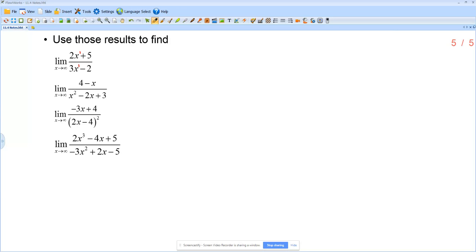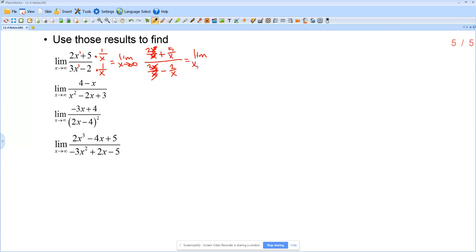We pretty much just have one strategy with these limits to infinity, and that is to multiply the entire numerator and denominator by 1 over whatever your highest degree is. So 1 over x and 1 over x. So this will become the limit as x approaches infinity of 2x over x plus 5 over x, over 3x over x minus 2 over x. All I did was multiply that 1 over x into everything. So you can see here the x's cancel and the x's cancel.